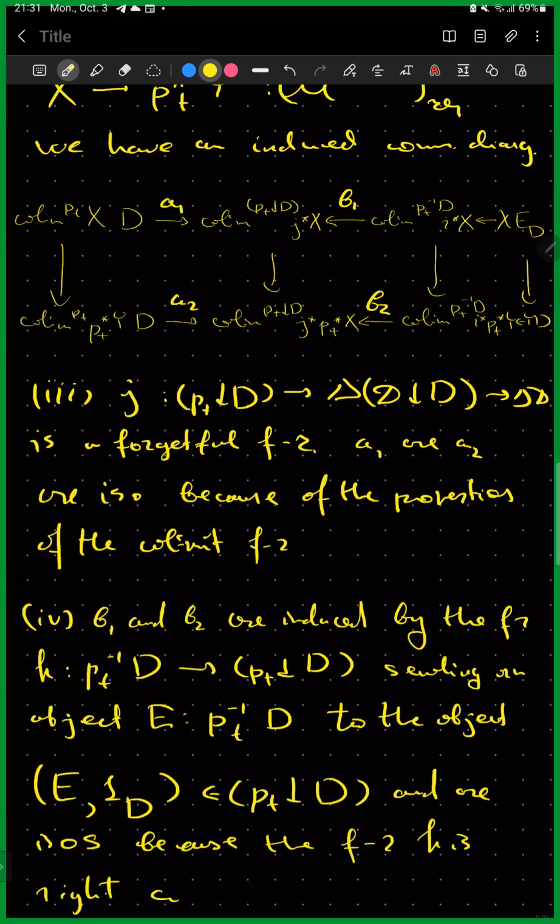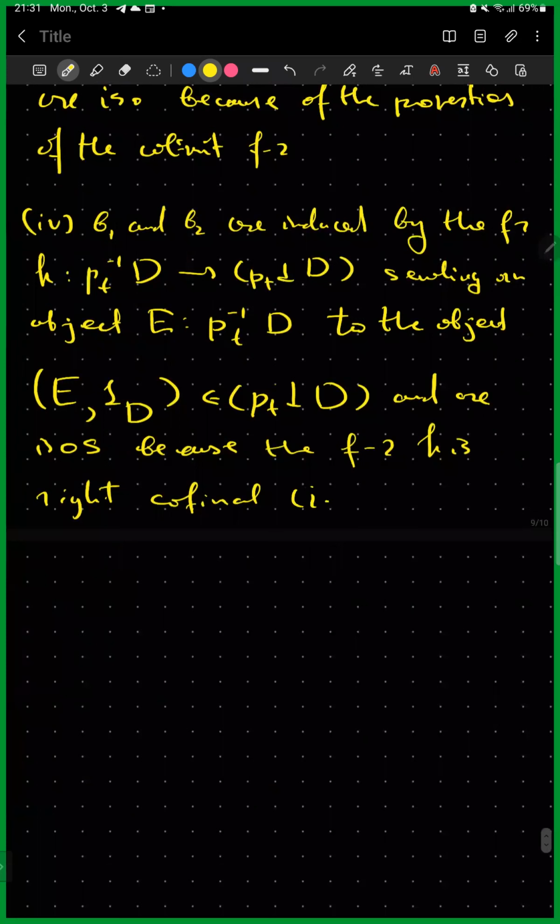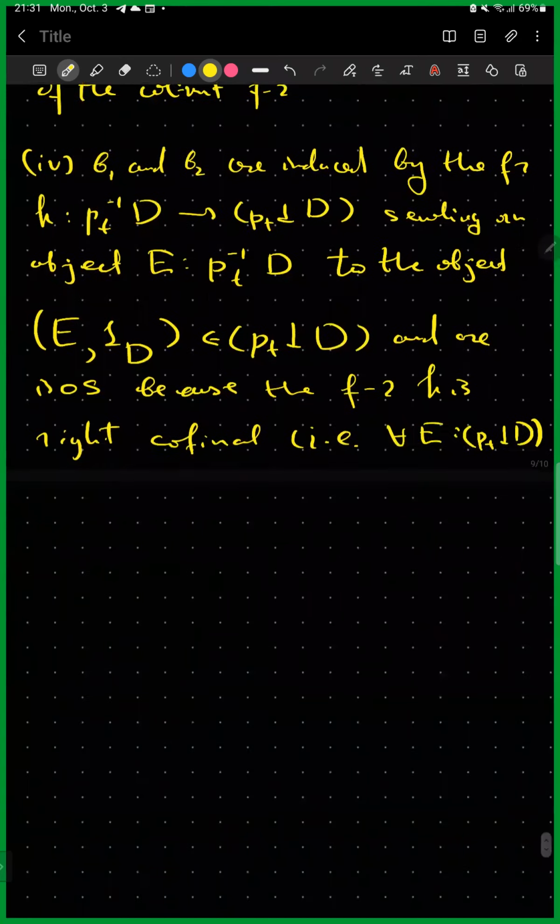Let me explain what that means. This means that for any object in this category, the category EK is not empty and connected.